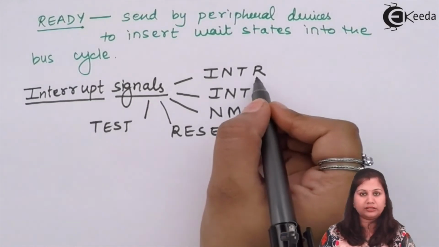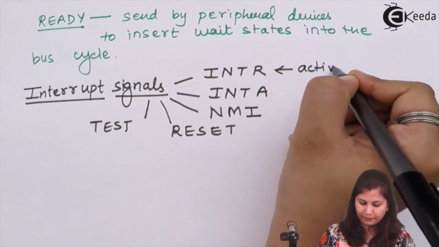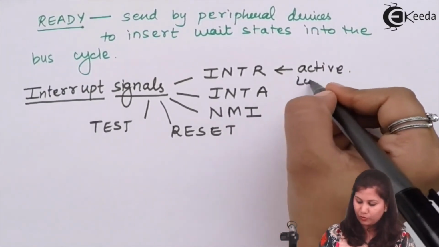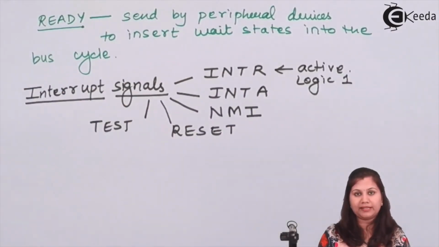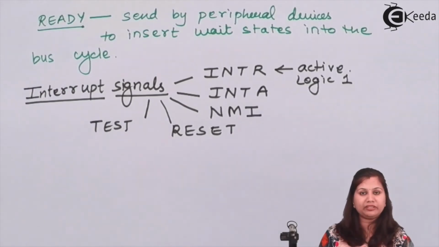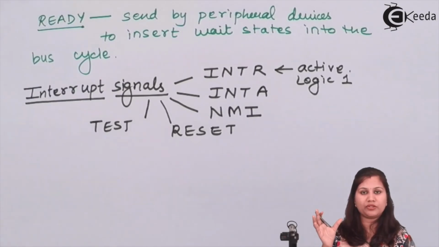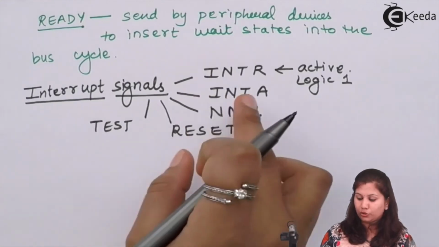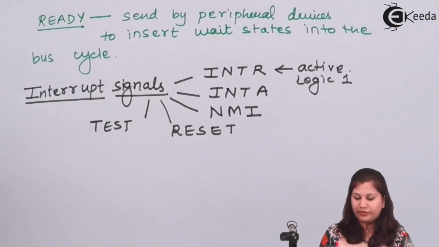So whenever this INTR pin is active, means it is at logic 1, it means that the microprocessor has been interrupted by some peripheral device, and the microprocessor should jump to a memory location where the interrupt service routine is written, execute that service routine, return back to the main program, and then execute its further instructions. So this INTR is used to interrupt the microprocessor.